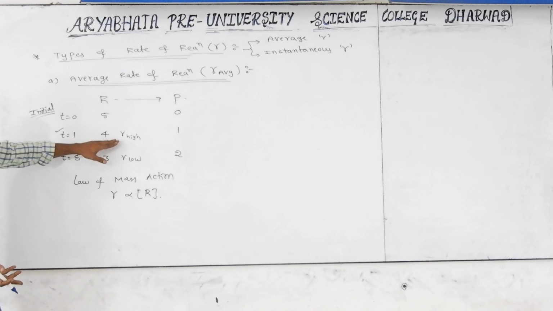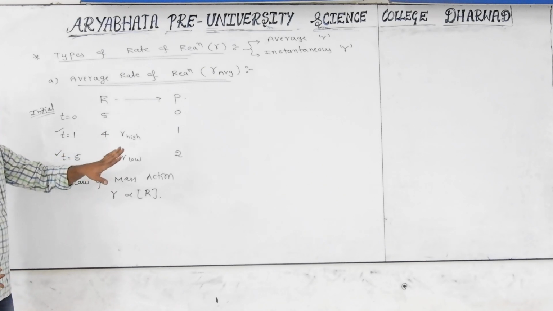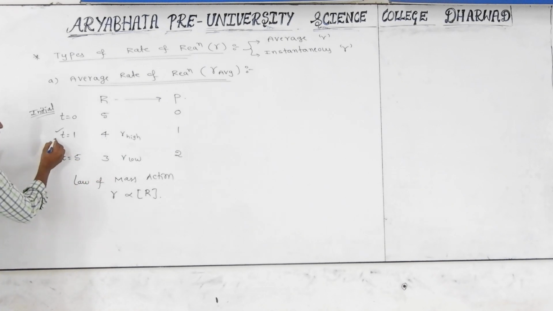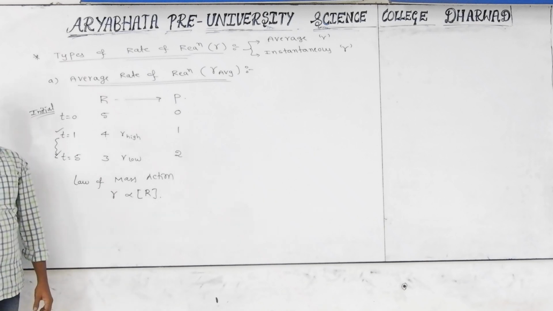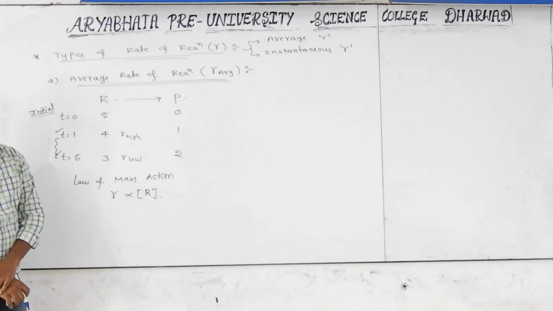So what we have to study is, as the time is changing, the concentration of the reactants is decreasing and the rate of reaction will also be changing. But I don't want it at that instant, I want, in between 1 minute and 5 minutes, the average speed. That is what we call the average rate of reaction.